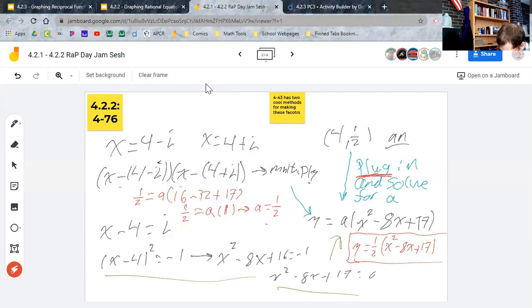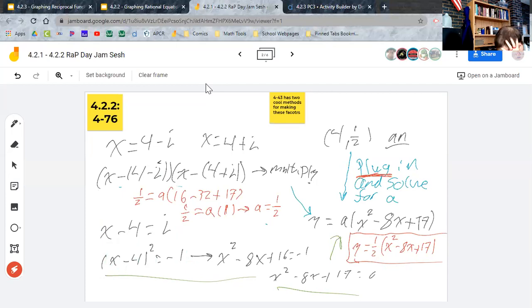Then to get rid of i, remembering that i is the square root of -1, if I square both sides of this, I get this piece right here. So I get (x minus 4) squared equals -1. Now I can go from there.